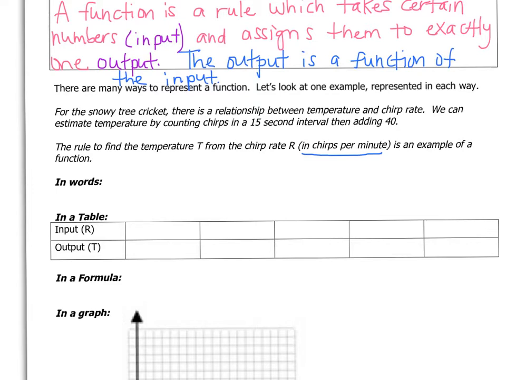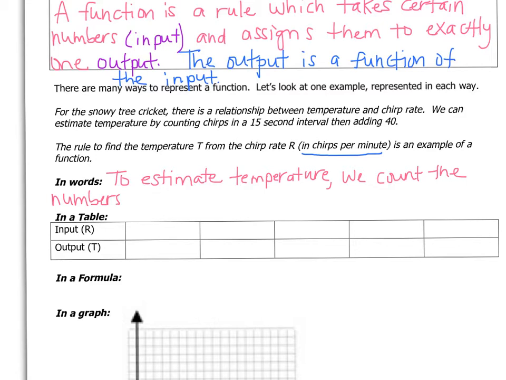So in words, we can say, we're just writing out the rule, to estimate temperature, we count the number of chirps in 15 seconds and add 40. So that is the rule or the function in words.